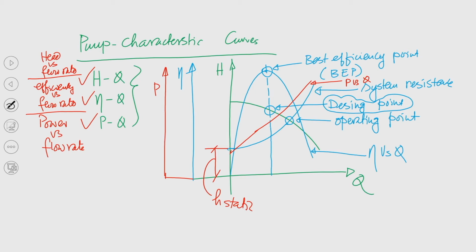If we go back to the H-Q curve, H equal to H static plus k Q square, this is H total. When H static is equal to 0, there is no requirement of elevation, the pumped liquid need not be elevated from the pump axis to a certain height. In that case it is k Q square, and this curve, representing a parabola, will pass through the origin.